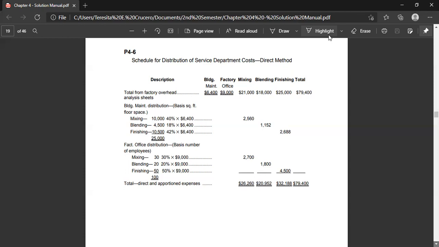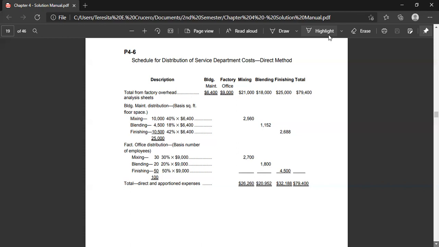Then the factory office, the cost incurred is 9,000, and the cost incurred by the factory office should be allocated based on the number of employees. So mixing 30, blending 20, and finishing 50. All in all, we have total of 100 employees.